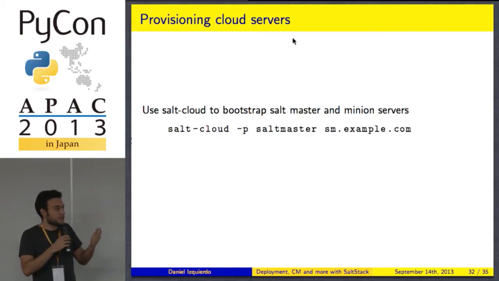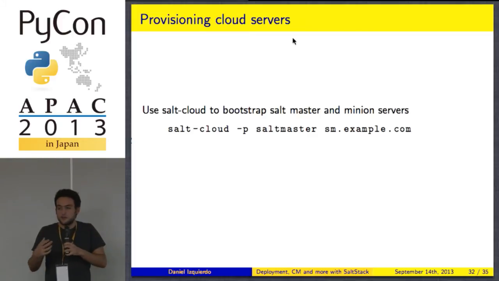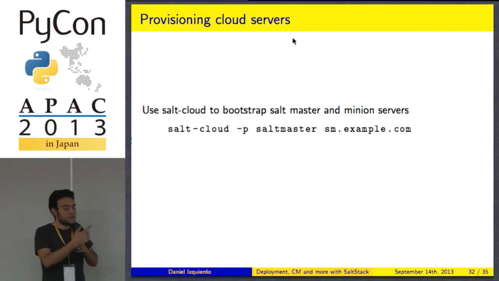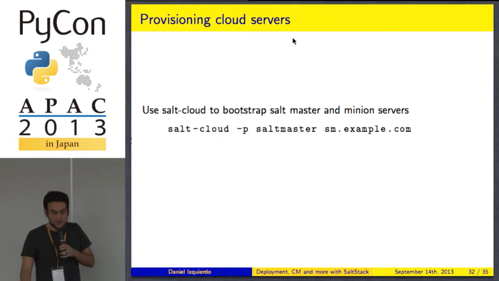What this is doing is saying, bring up a machine configured as a Salt master. Salt master is a configuration file that I may have, which may say, for example, bring machines up in this AWS region or in this Rackspace Cloud region using this API key, and make it a Salt master. Then I define the name of the machine, and that will bring up the machine, install the master package and make sure everything is running.